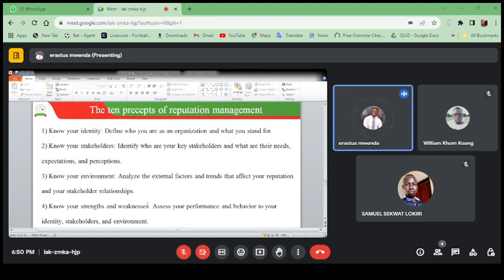The third thing you need to do is know your environment, analyzing the external factors and trends that affect your reputation and your stakeholder relationships. External factors are those you may not have control over. They could be political factors or economic factors.